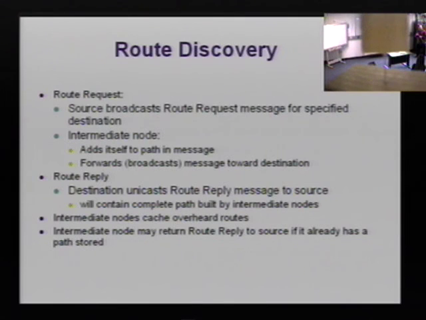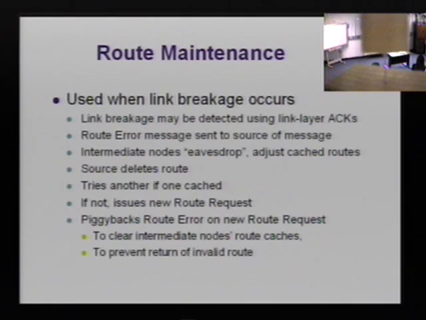When this is being done, if other nodes can decode this transmission, they will also update their caches. And if an intermediate node during this route discovery already has a route to the destination, it will send back the reply directly without waiting.